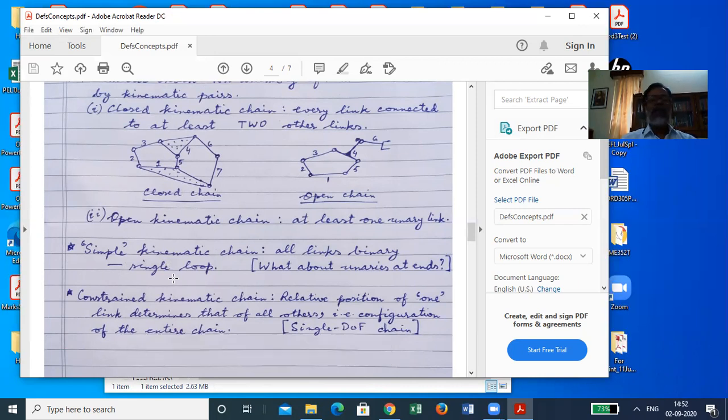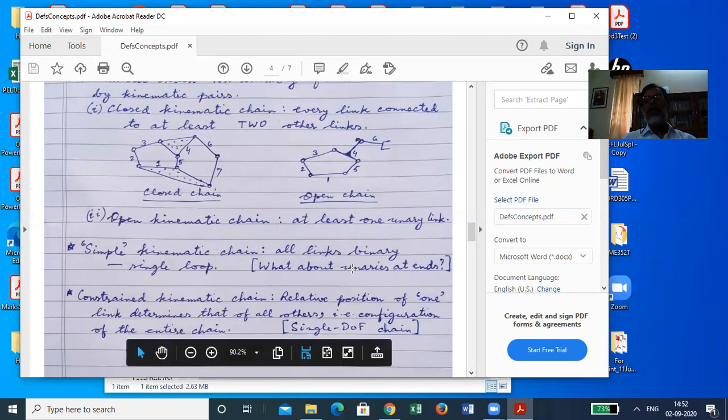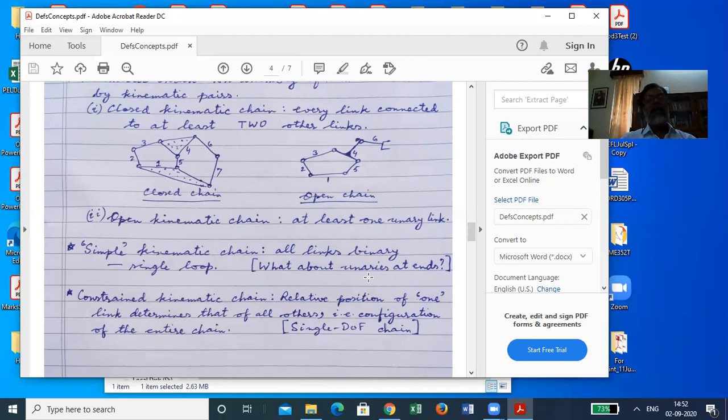You simply define them as single loop. The loop may be closed, which is what this term means, or the loop may be open, in which case you will have 2 unaries at the 2 ends. That should be perfectly valid. In fact, most robots operate on that simple kinematic chain. That is actually simple so far as robotic mechanisms are concerned.